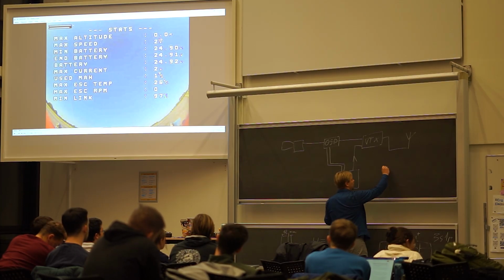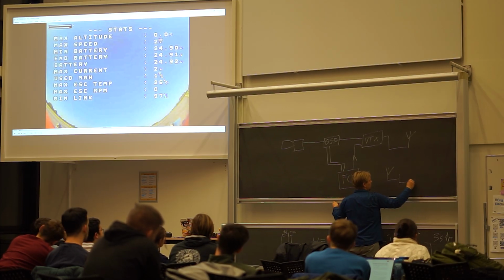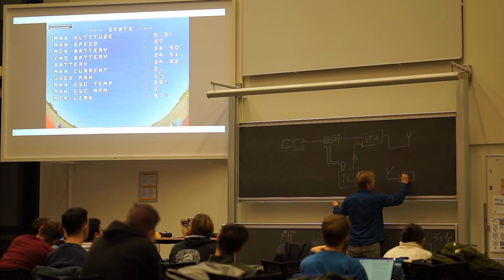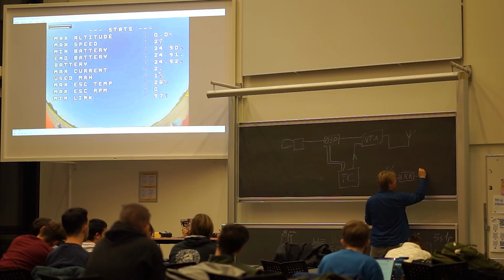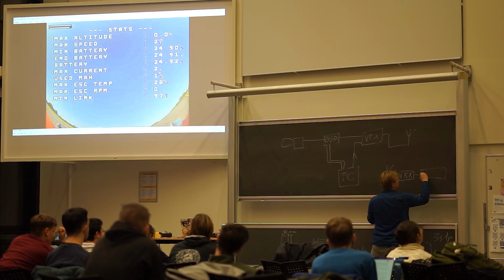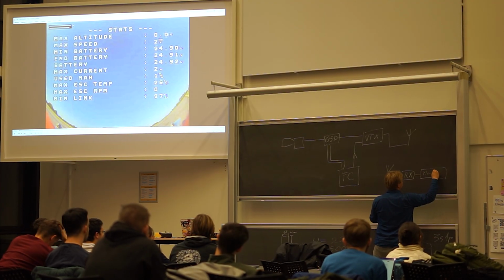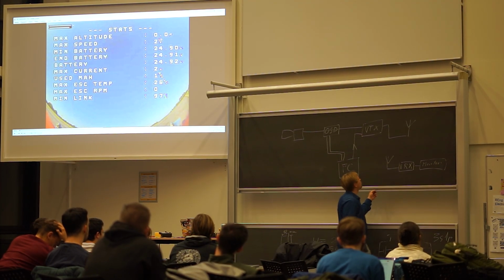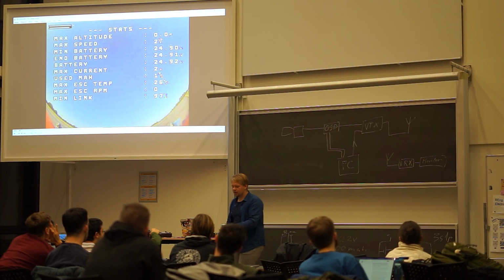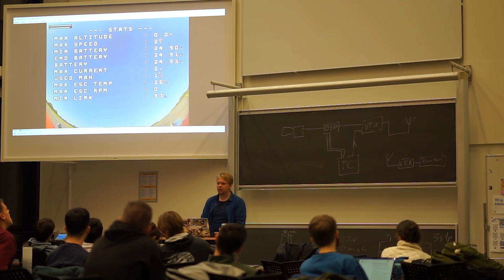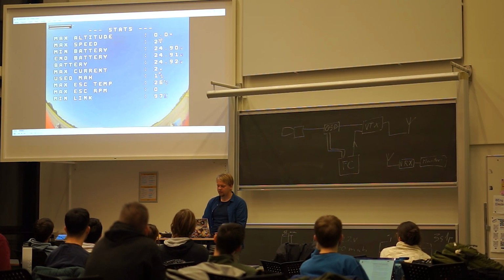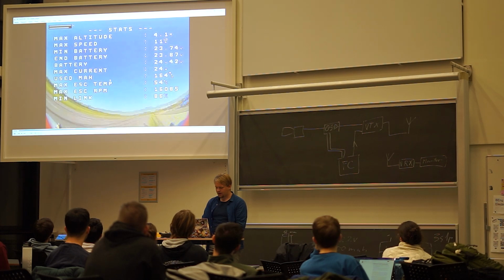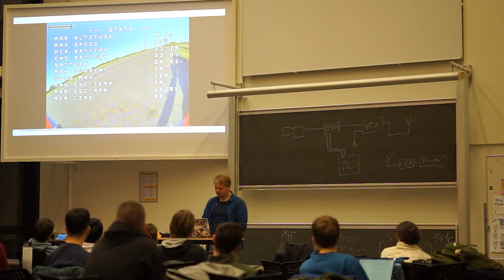You have basically another antenna, VRX, and then you have like some kind of monitor. It's analog, so we'll show you some funny crash footage when you lose the video. But yeah, so you can see how the video is.